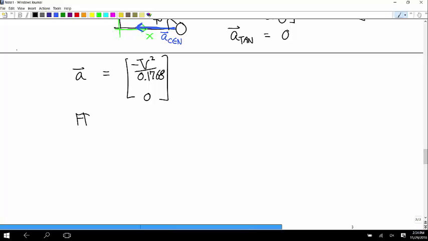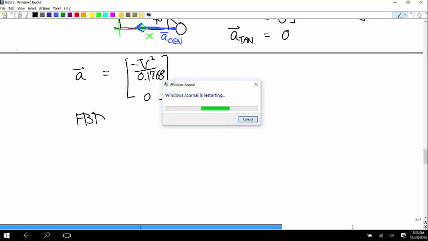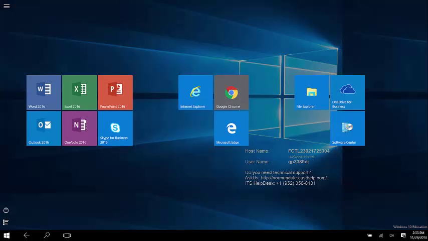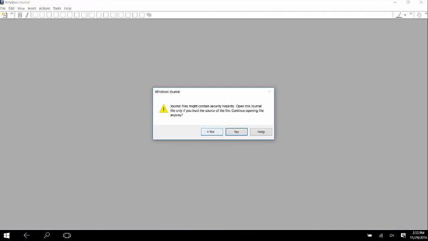So now we'll do a free body diagram of the ball. No. Oh no, I'm going to be so sad if it doesn't find it.